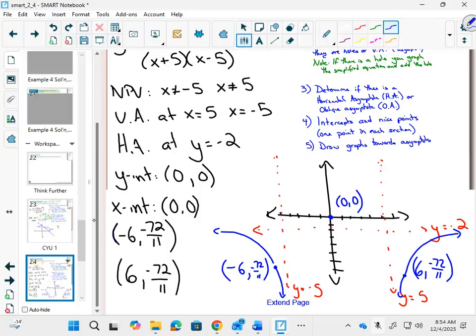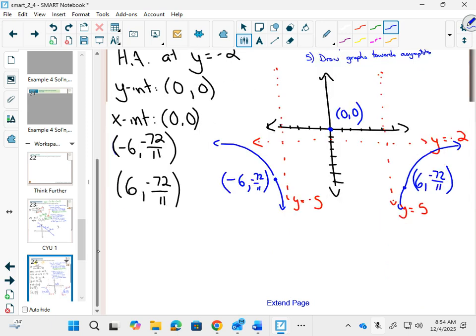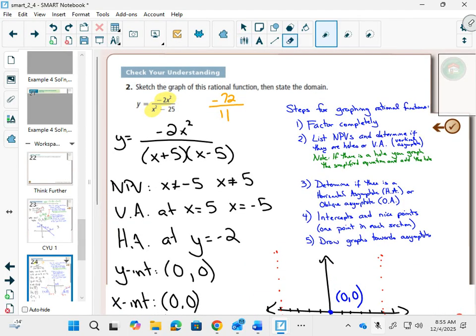So if I'm a little bit unsure, then I can just find some more nice points. I might plug in -4 and see what I find out, and I'm like, oh, whatever I plug in for -4 is going to be exactly the same for 4. So I'm going to go up, erase the orange that I had before here. And if I plug in a -4, -4 squared is 16 times -2 is -32.